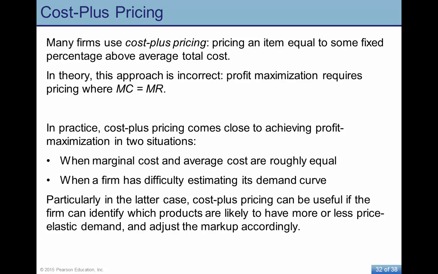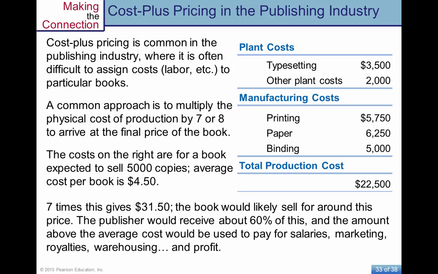Particularly in the latter case, cost plus pricing can be useful if the firm can identify which products are likely to have more or less price elastic demand and adjust the markup accordingly. Cost plus pricing in the publishing industry.